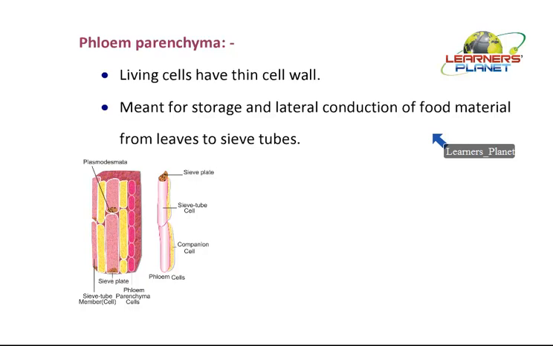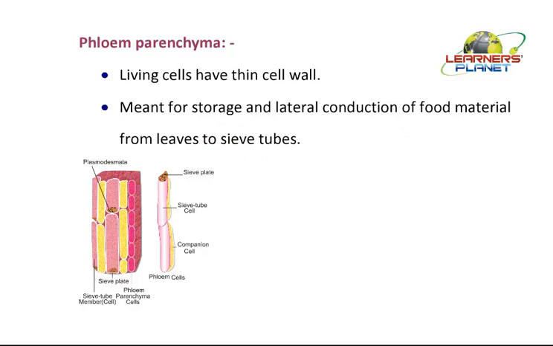Besides this, the tubes which are formed transport in a particular direction, upward, downward, or whatever. But what about the lateral regions present surrounding this phloem tissue? That lateral conduction of food material is basically maintained by the phloem parenchyma.